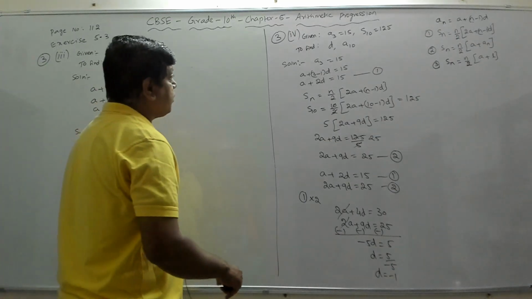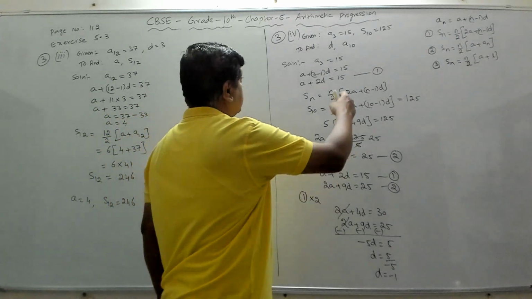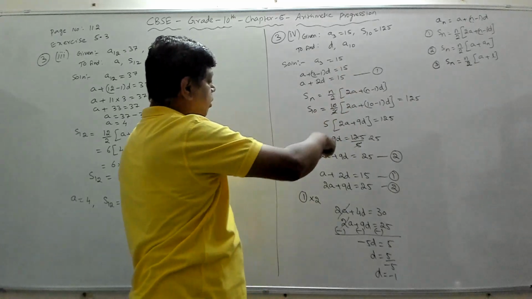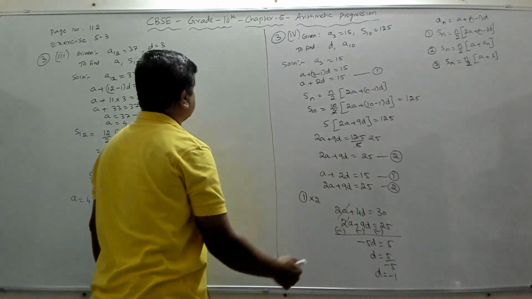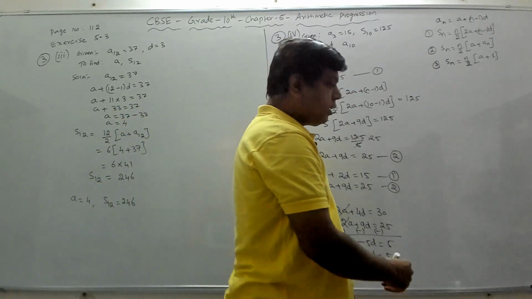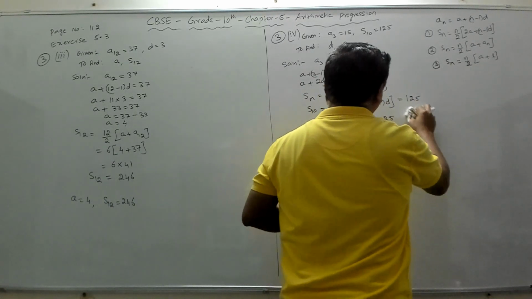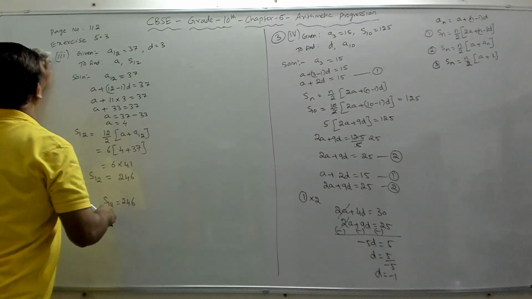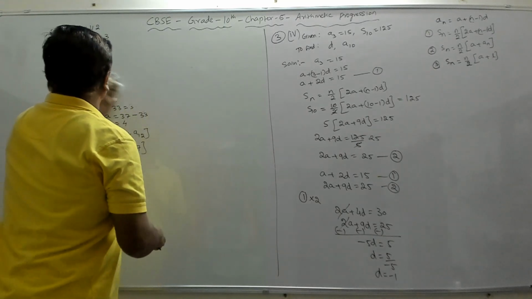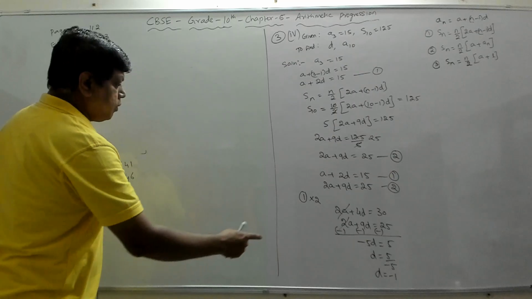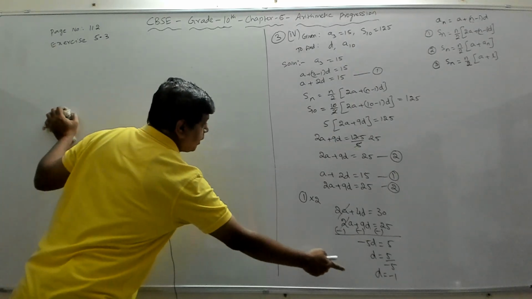Now we must find A10. To find A10 we should know A also. We have found D, so let's find A. Let's substitute D as minus 1 in the first equation.